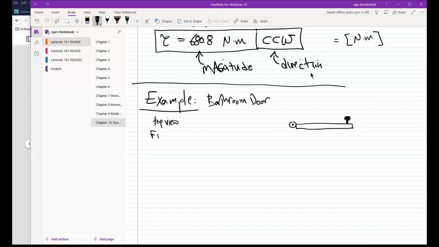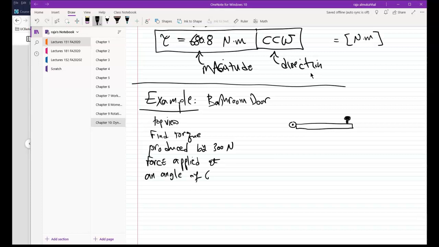So the question is, find the torque produced by 300 Newton force applied at an angle of 60 degrees to the door.